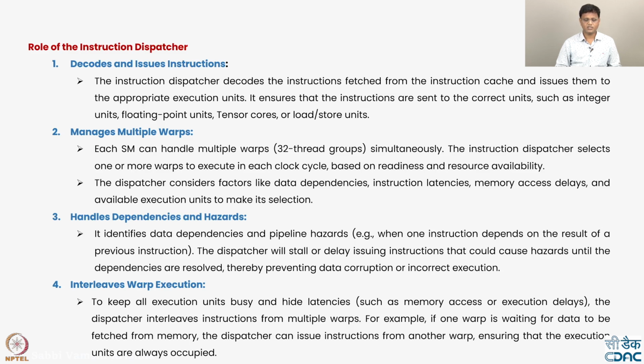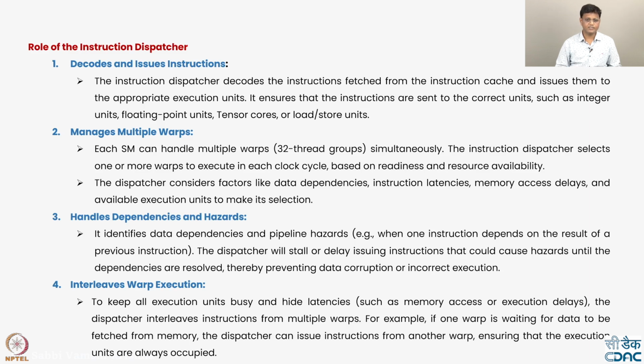Basically, the instruction dispatcher decodes the instructions fetched from the instruction cache and issues them to the appropriate execution unit, and it ensures that instructions are sent to the correct execution unit such as integer, floating point, tensor core, load or store units.